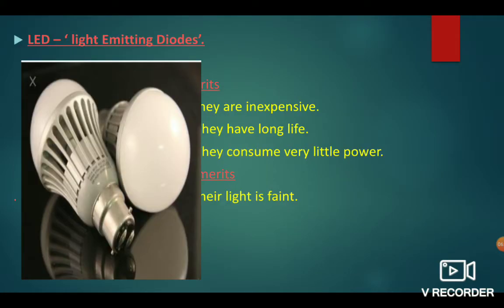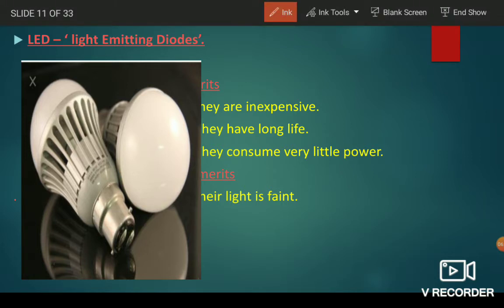And nowadays LEDs are being used, and LED stands for light emitting diode. LEDs are being preferred these days.